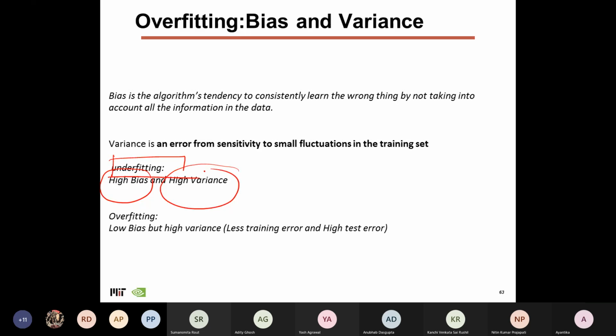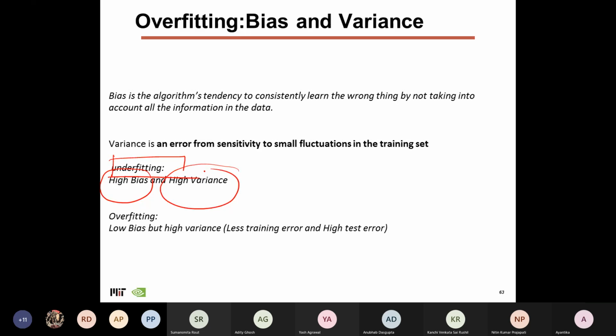This high bias and high variance together are called underfitting. Now, this is very easy to detect, because whenever you see in your training phase that your training accuracy is low, of course, you will adjust the weight parameters. How we can adjust, etc., we will see next day.